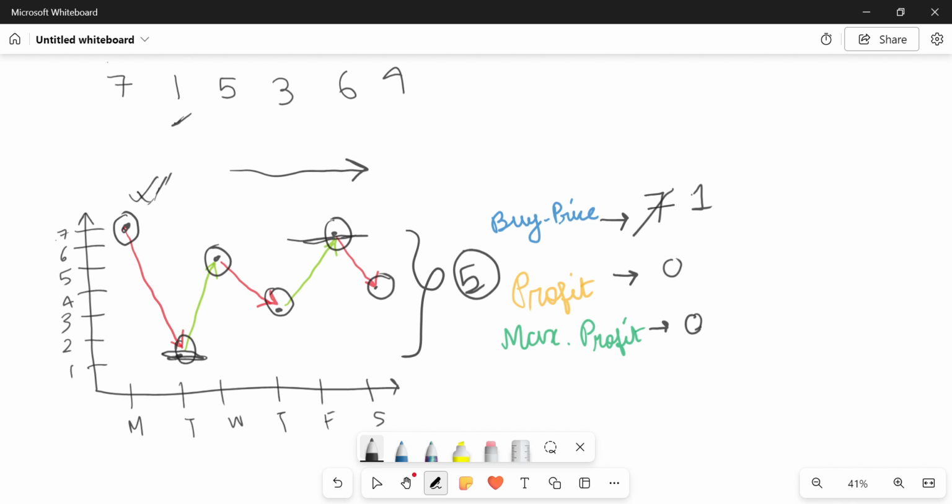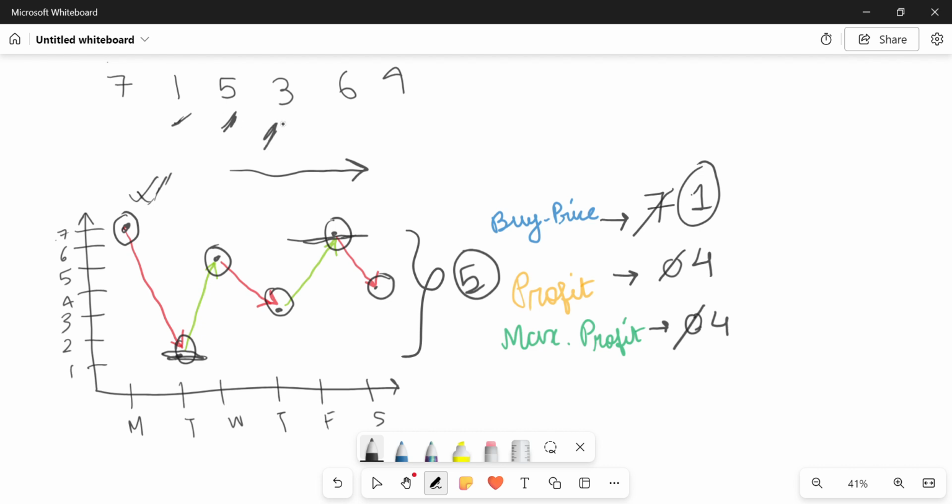Next, we are going to see that the price of the stock has become 5, but we have bought it at 1, right? And now the price is 5, so the profit, 5 minus 1, will be 4, so this becomes 4, and this also becomes 4 because we would be updating max profit at the same time.